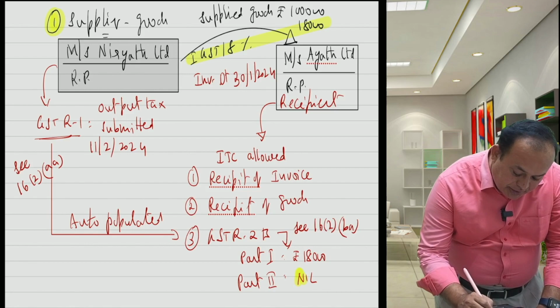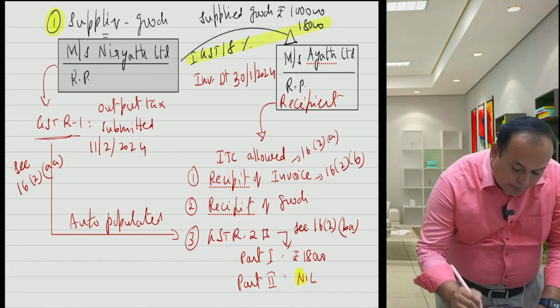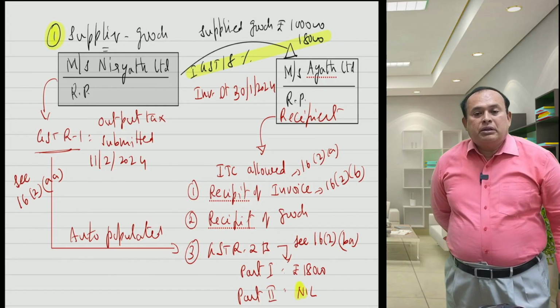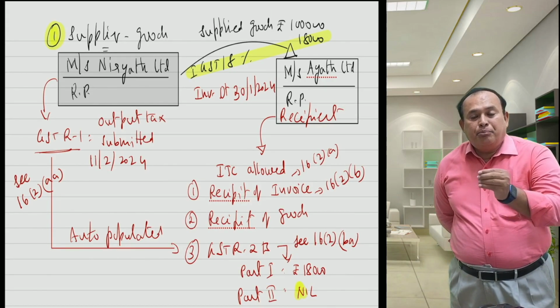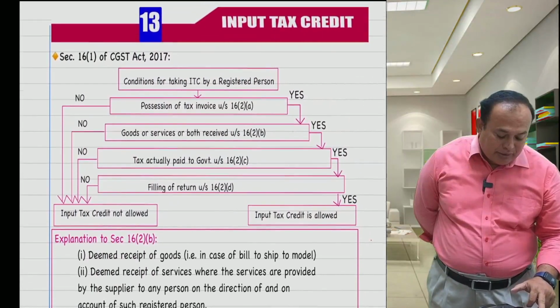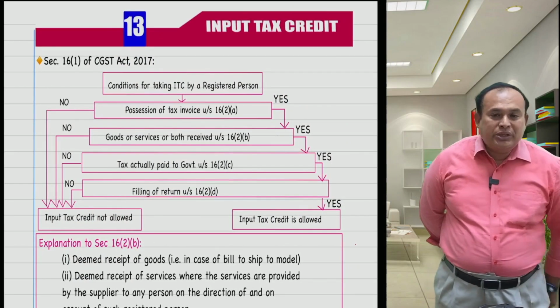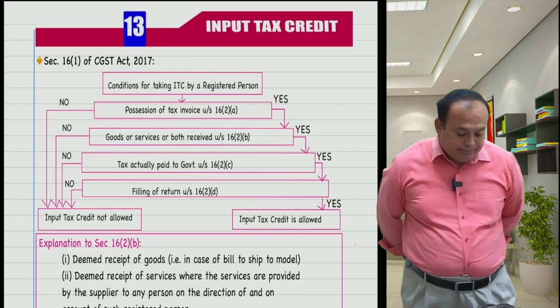It is Section 16(2)(a). This one, 16(2)(b). Section 16(2)(a), (aa), (b), (ba).